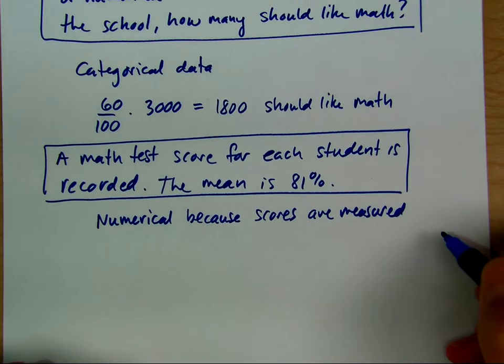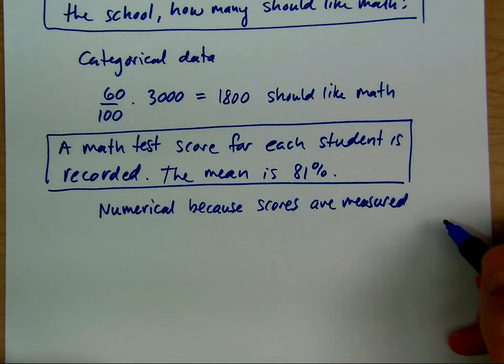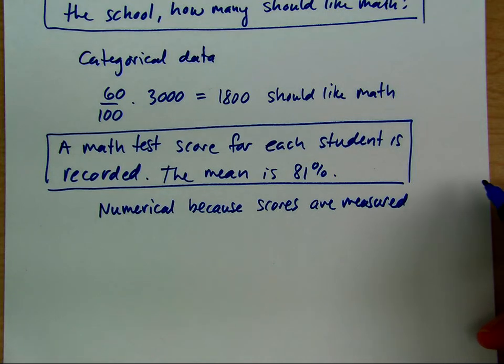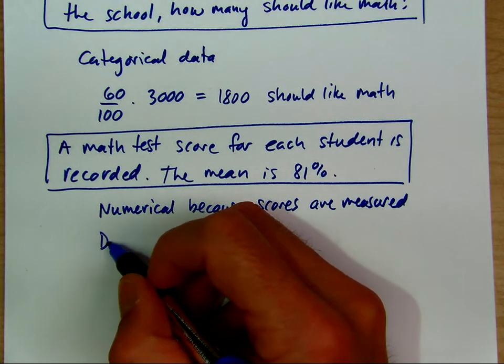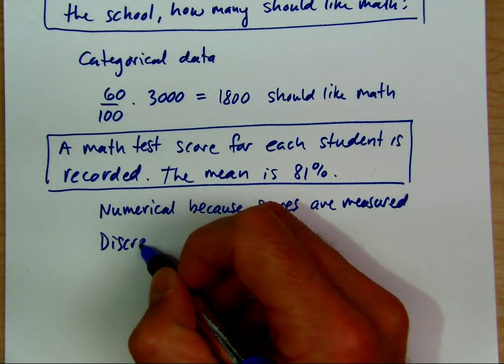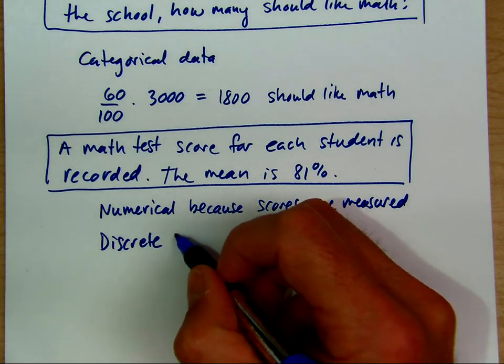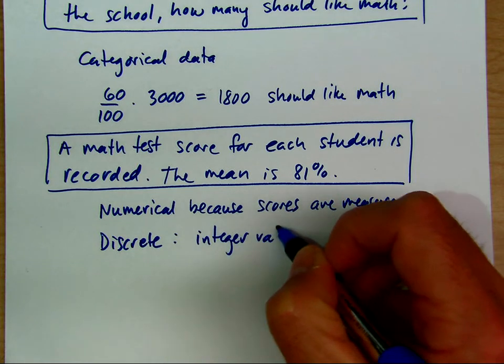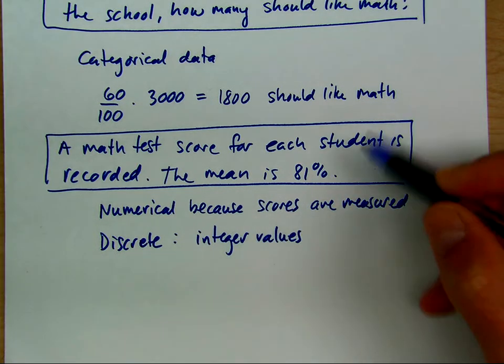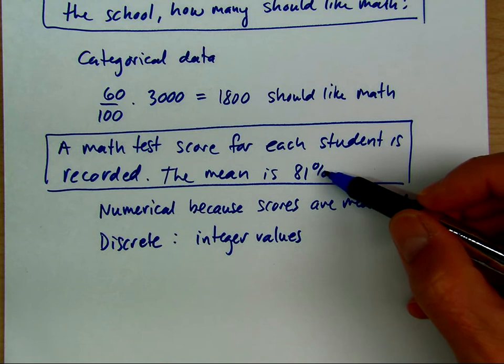We can measure the score, or the score has a value, and if we just look at integer values, then that would be discrete. We won't look at all the decimal possibilities.